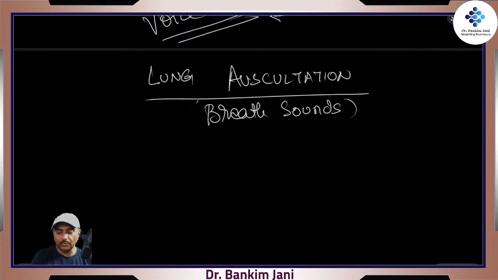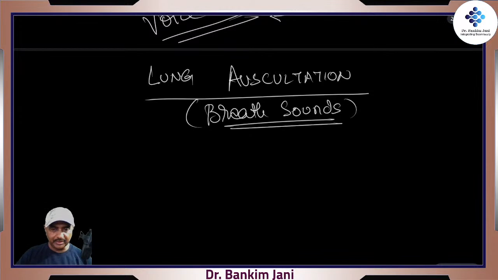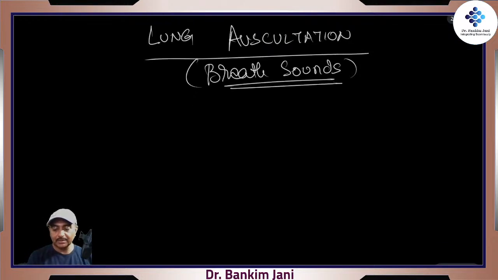All those variations like wheeze and stridor are variations of the normal breath sounds, when the patient is breathing and you put the stethoscope. But where exactly to auscultate? This should help you a lot.